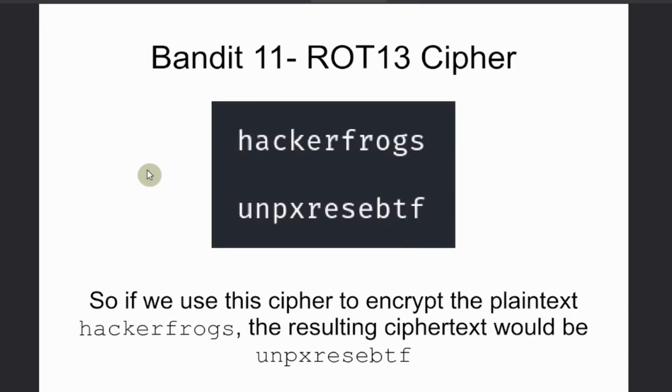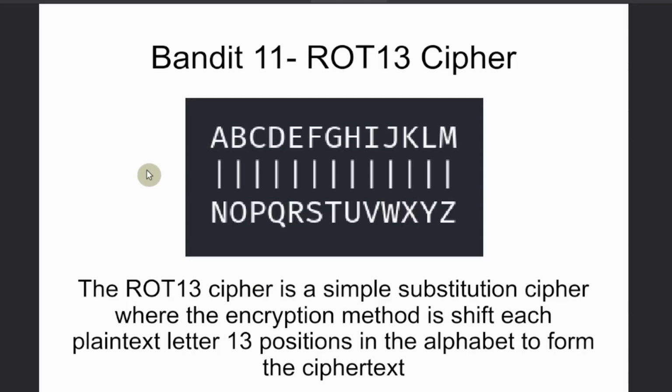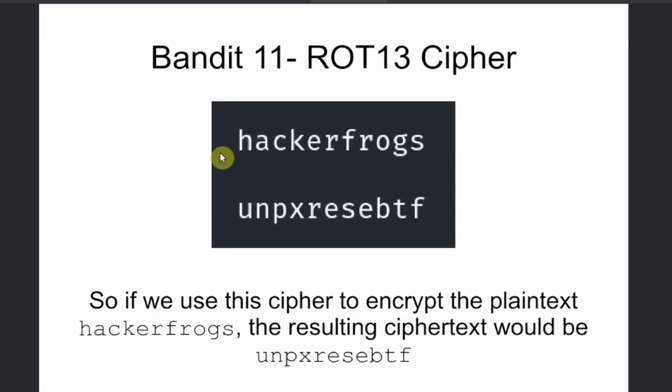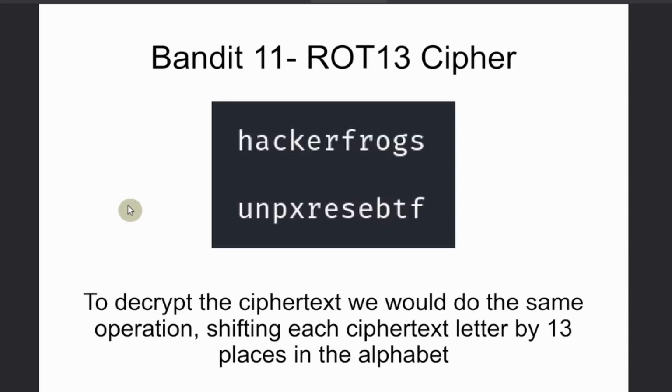We can use this chart to perform the operations, or we can just shift each one of these letters by 13 positions to get the ciphertext. This is called plain text, and after the cipher has been applied, this is called the ciphertext. To decrypt the ciphertext, we would do the exact same operation, shifting each ciphertext letter by 13 places in the alphabet.